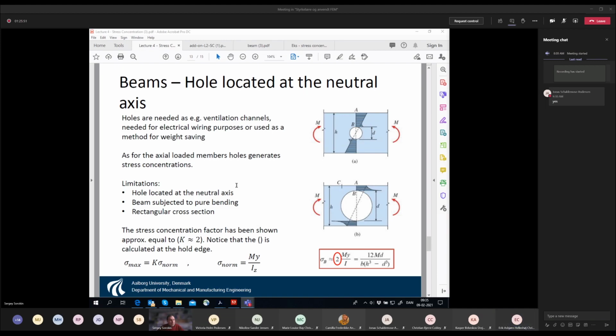Reducing the size of the hole increases the stress concentration factor. But on the other hand, in the case of bending, it also reduces the nominal stress. So you have a product, nominal stress times stress concentration factor, and one becomes smaller and another one becomes bigger. Yes. All right.